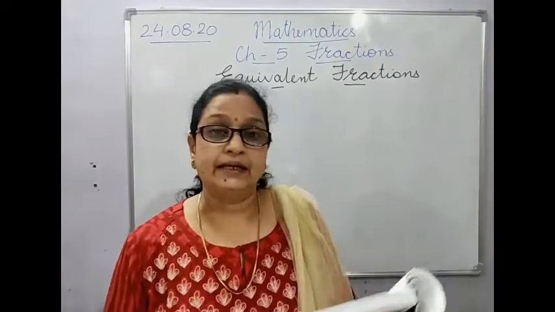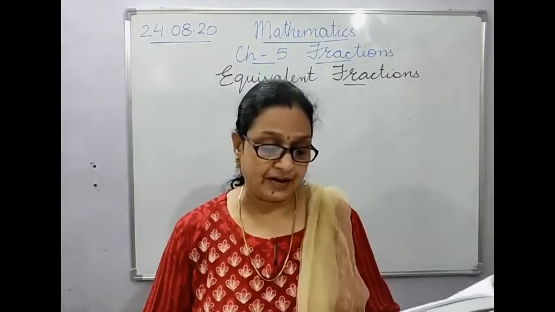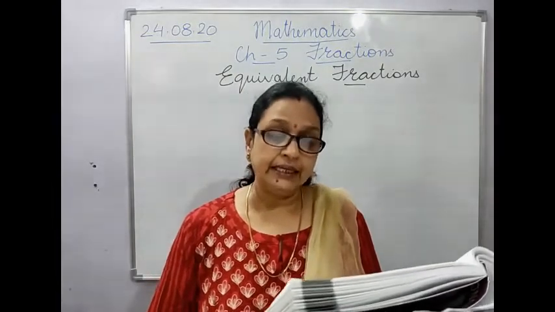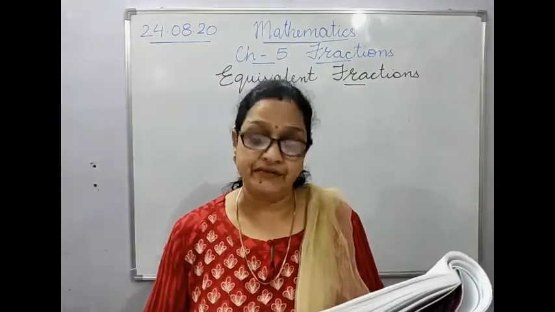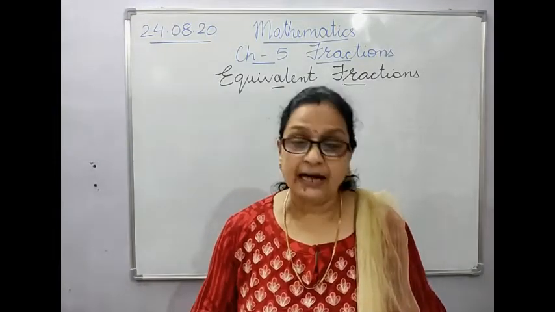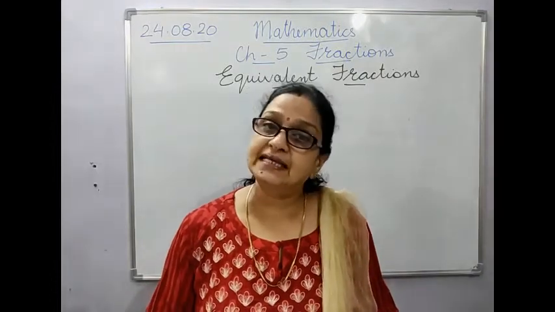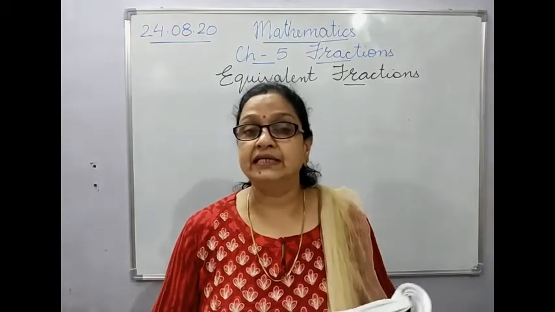How to make an equivalent fraction, or how to get an equivalent fraction. To get an equivalent fraction of a given fraction, multiply the numerator and the denominator of the fraction by the same number except 0. Why are we saying except 0?